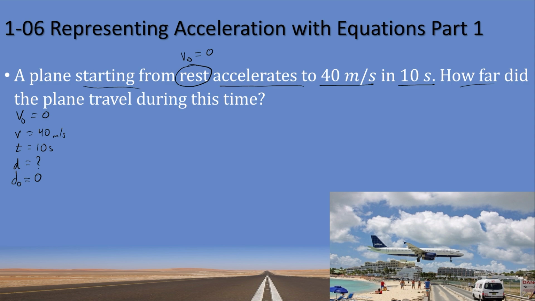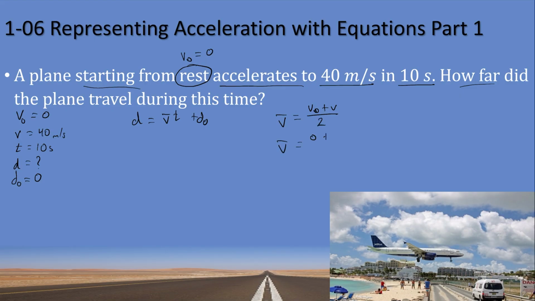So we don't have the a. So maybe we could use d equals average velocity times t plus d0. But I don't know my average velocity. Well, average velocity is v0 plus v over 2.